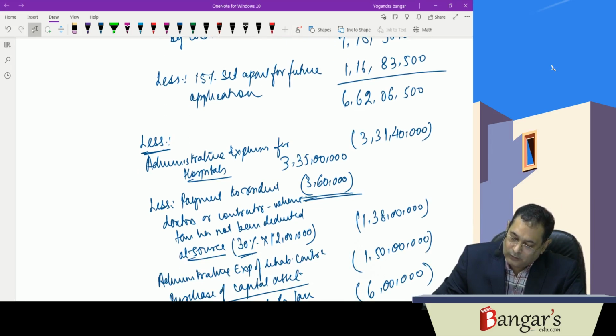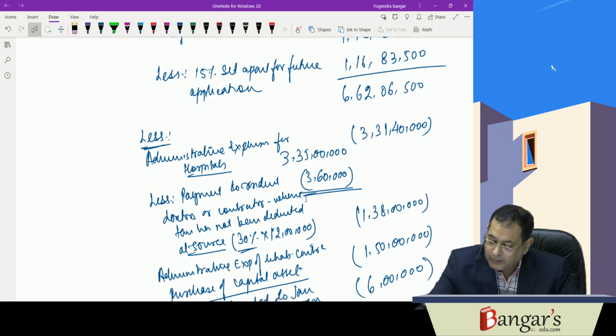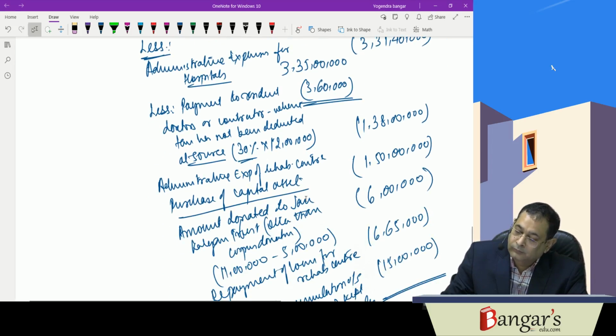6,62,06,500 minus 33,140, minus 138, minus 150, 1 crore 50 lakhs, minus 6 lakhs, minus 6,65,000 and minus 15 lakhs.